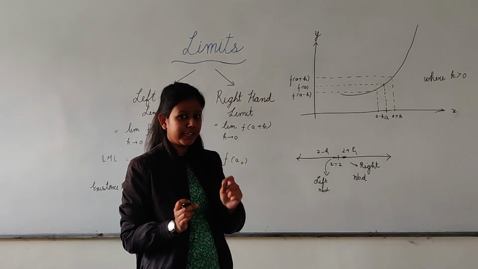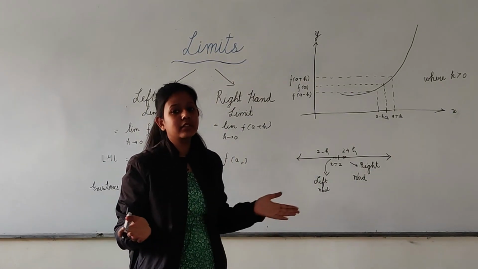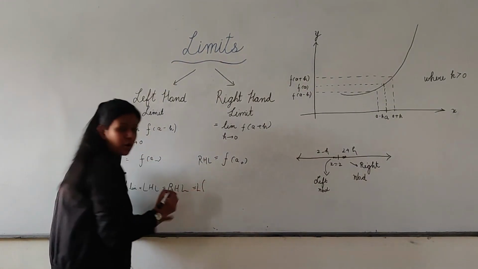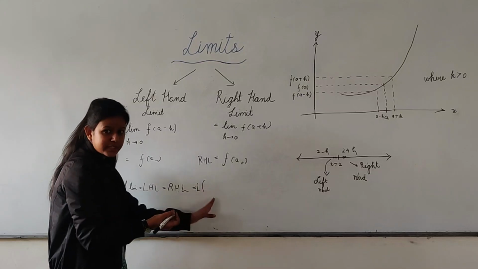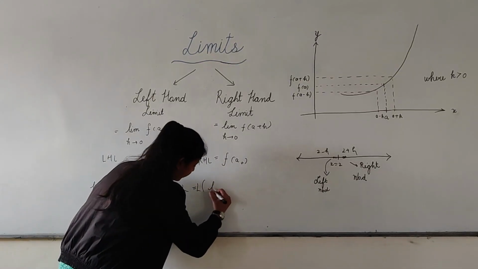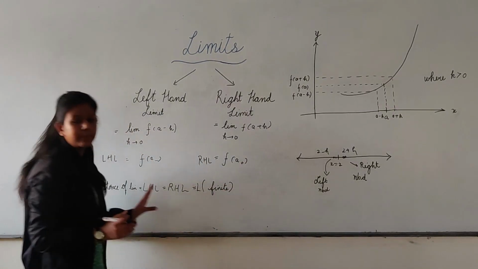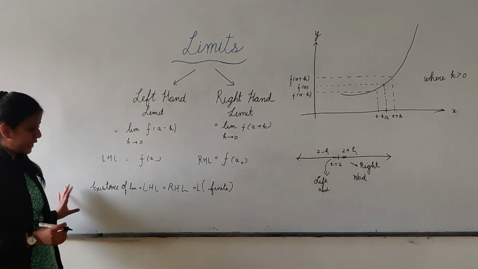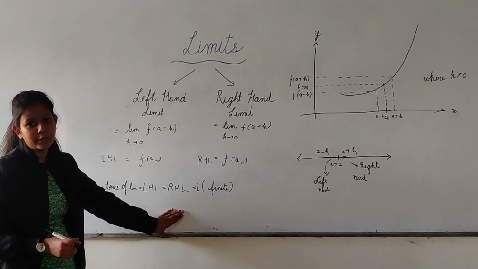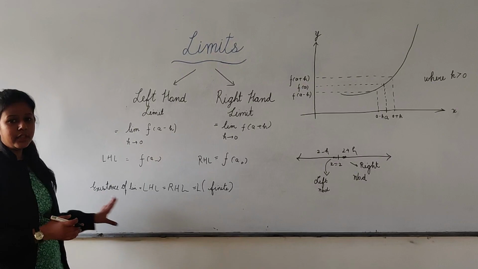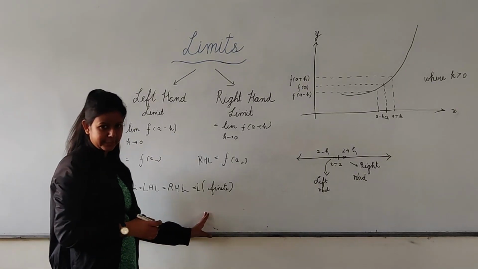If it tends to infinity, then we say limit does not exist. So both should be equal to some constant L which is finite. That is, the behavior of the function in the left neighborhood and the right neighborhood remains the same. So this is all about the left hand limit and right hand limit.